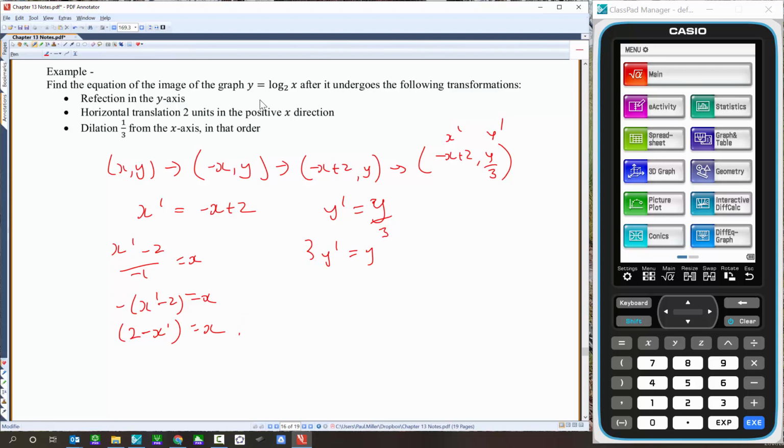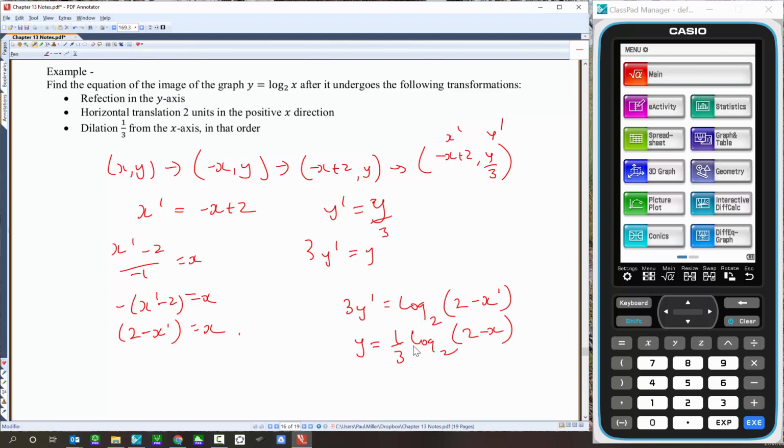So let's rewrite our function. 3y dash goes on for y, and x gets 2 take x dash. Let's write that as y equals 1/3 log base 2 of (2 take x).